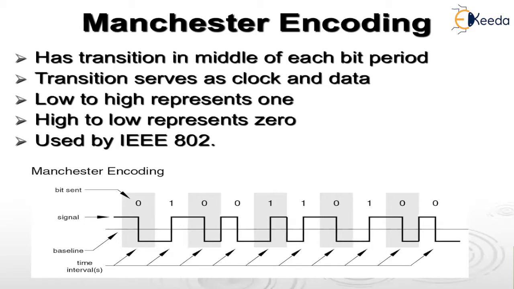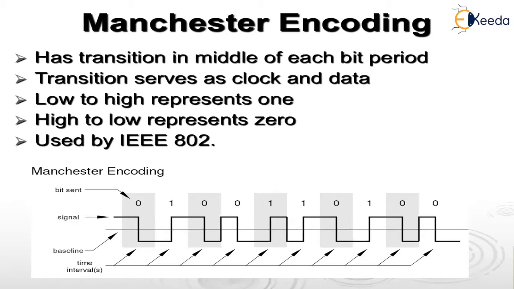In the Manchester code, there is a transition at the middle of each bit period. The mid-bit transition serves as a clocking mechanism and also as data. Low to high transition represents logic 1 and high to low transition represents logic 0.